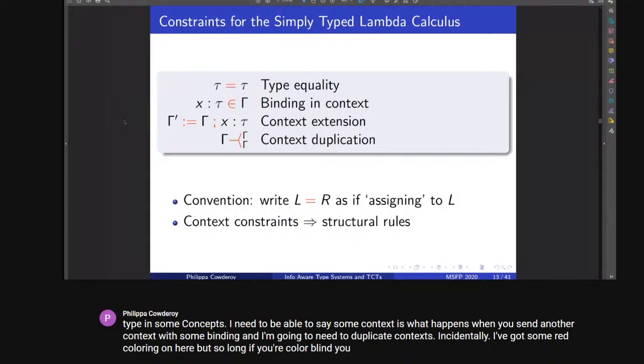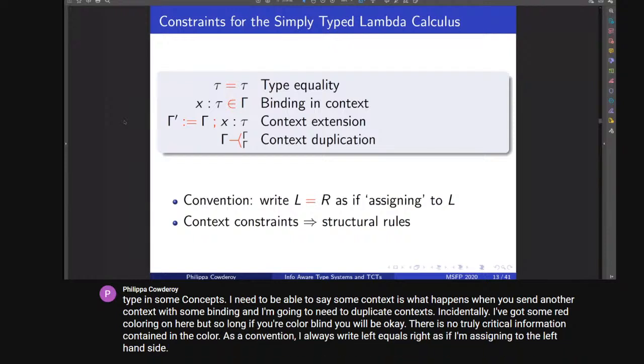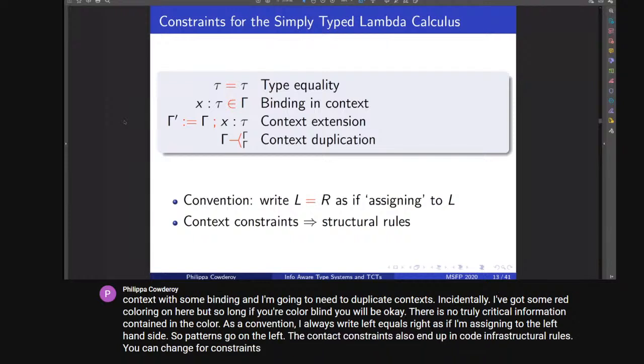As a convention, I always write left equals right as if I'm assigning to the left-hand side, so patterns go on the left. The context constraints also end up encoding the structural rules. You can change the constraints and end up with a minimal linear system, for example.